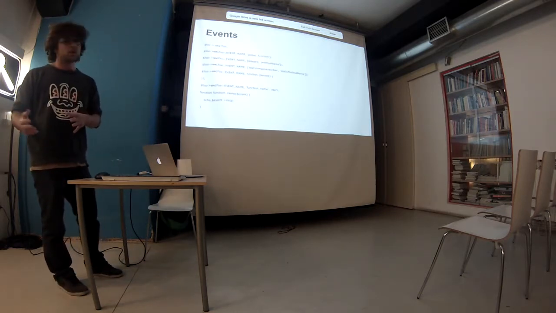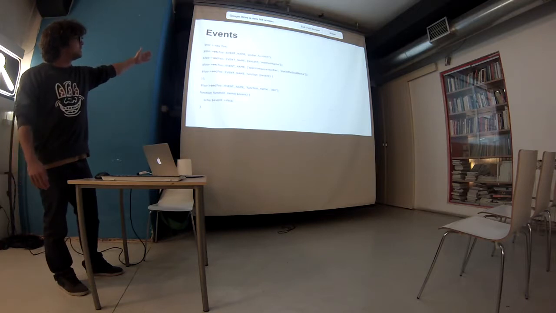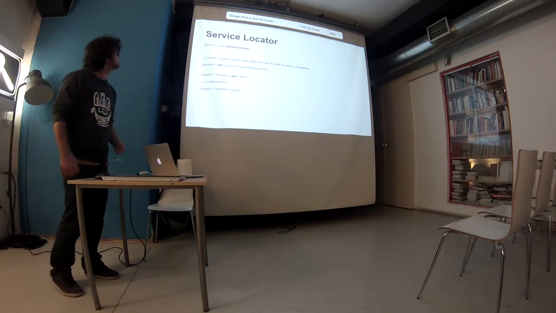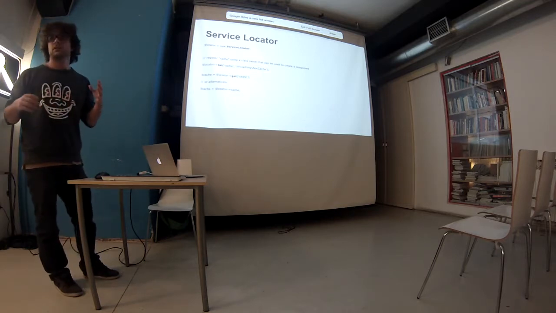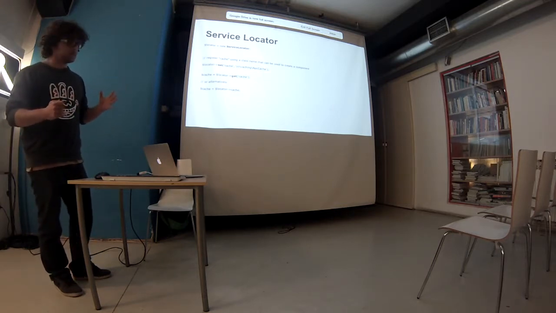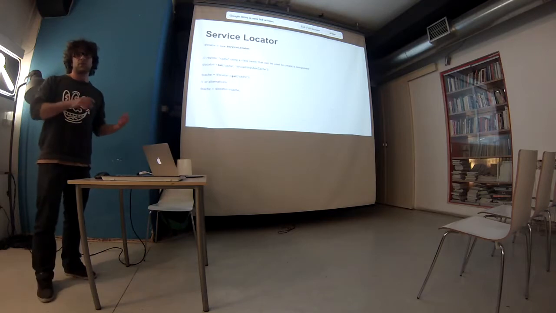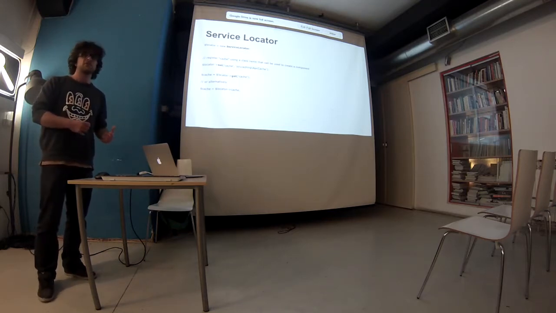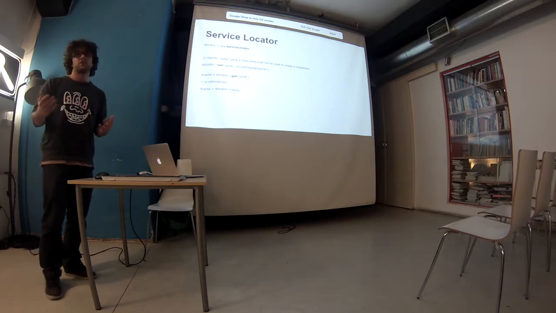Events are still available, so basically you define an event listener, you trigger the event, and the callback gets executed. And a service locator class that basically means that you can define any component in your application as a service, register it, and afterwards you can use it by getting it from any part of your application.